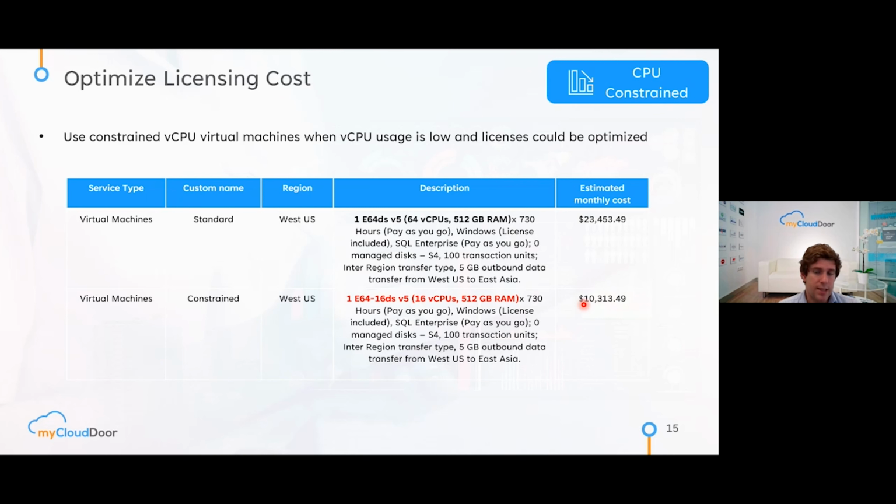Sometimes this can be applied in scenarios where I have huge memory requirements but low requirements on the compute part. It's something that usually customers don't consider, but we should know that these kinds of solutions exist, and they can help us greatly reduce the billing cost for those additional licenses.